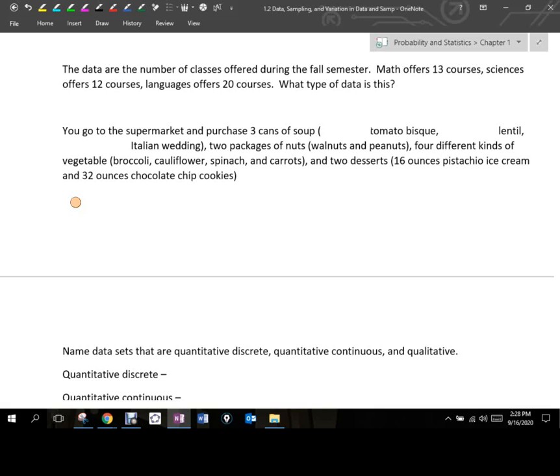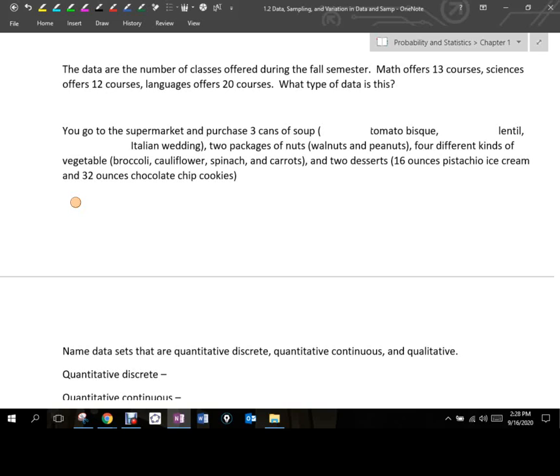Categories. So you go to the supermarket and purchase 3 cans of soup. Okay, tomato bisque, lentil, Italian wedding. Is that quantitative or qualitative when I'm referring to the soups that I've bought? Qualitative, right? Okay. Let's look at the next one.